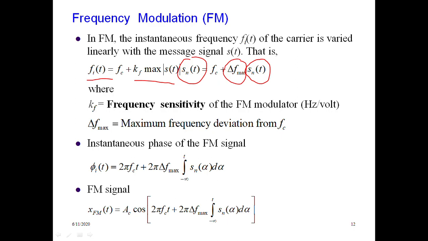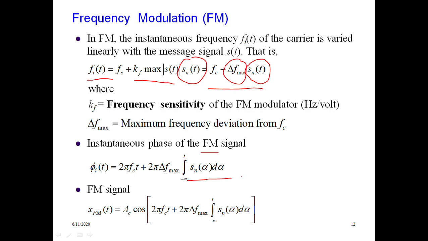These two parts also exist in the phase modulation. Now we want to know the instantaneous phase of the frequency modulation. The instantaneous phase will become 2 pi f_c t. Just now we differentiated; right now we integrate, plus 2 pi delta f_max, integrating the signal itself.